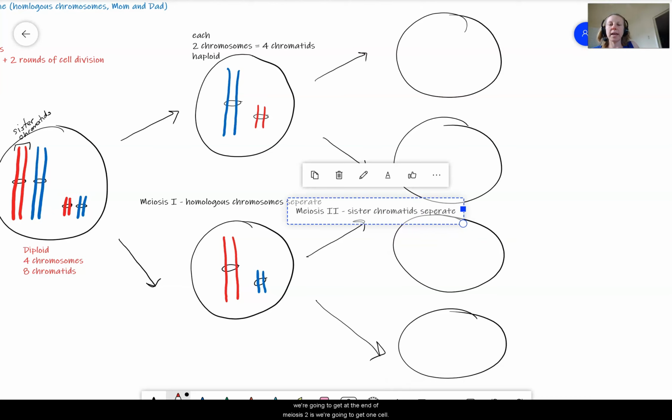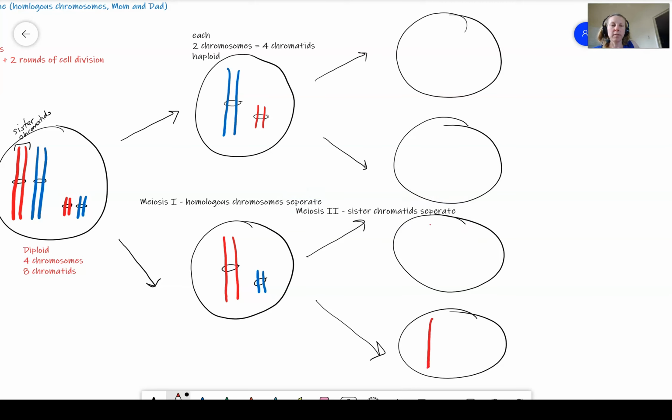And so what we're going to get at the end of meiosis 2 is one cell that has a copy of mom's chromosome 1 and dad's chromosome 2. The other cell has a copy of dad's chromosome 1 and mom's chromosome 2.